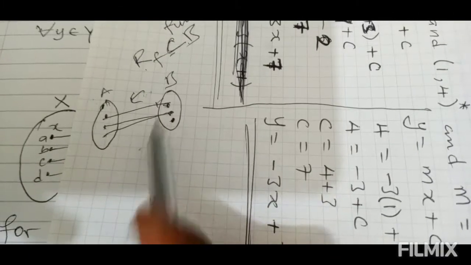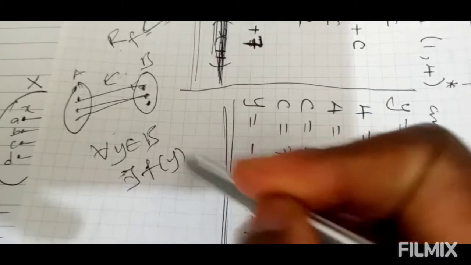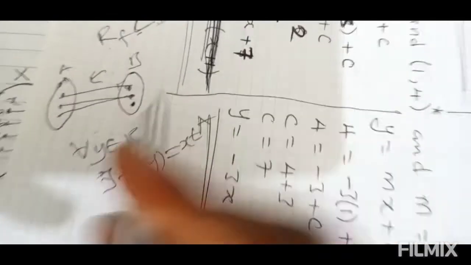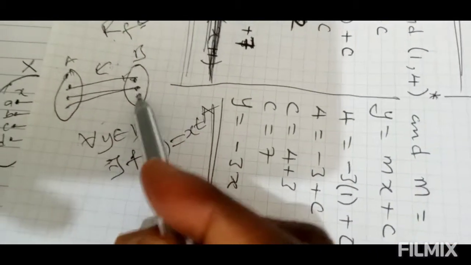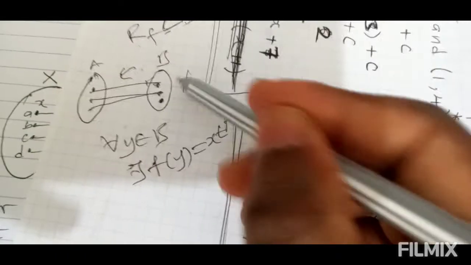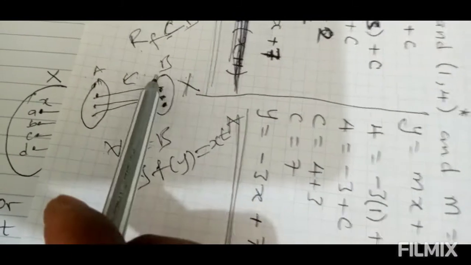Look, for every y a member of B, there should be f of y equal to x, a member of A. Now look, this y is remaining untouched, so this is not a function from B to A, because this element has no matching in A, so this is not a function.